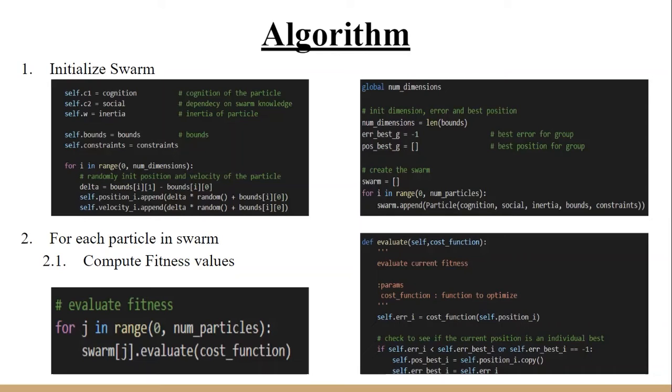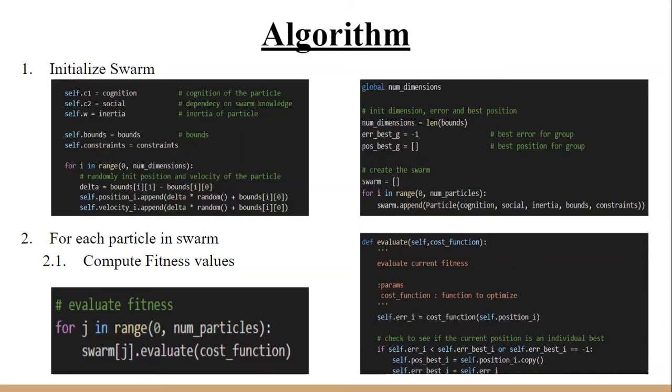Then it has the social, which is its dependency on the knowledge of the swarm, and it also has its own inertia, the tendency to move in a particular direction. Each particle also has bounds, so it can't go beyond those bounds, and it has its own constraints which it has to satisfy.